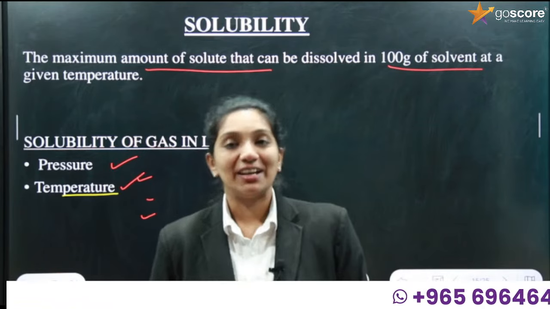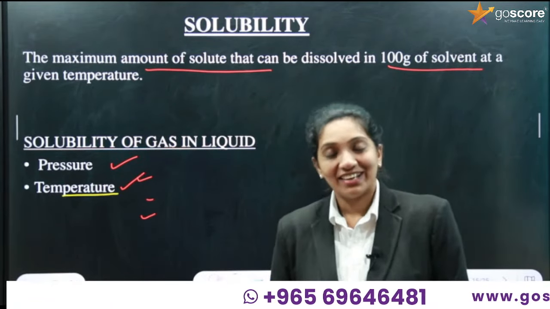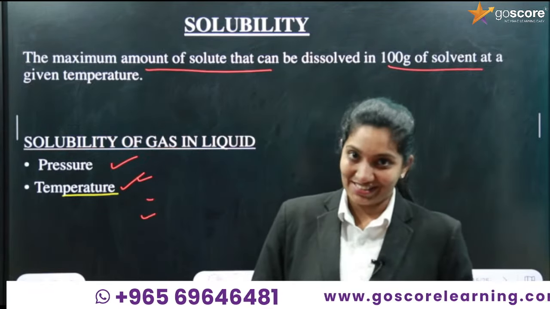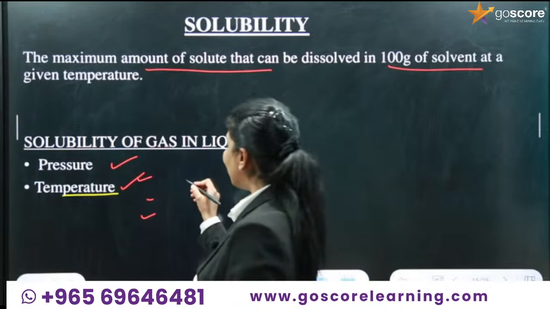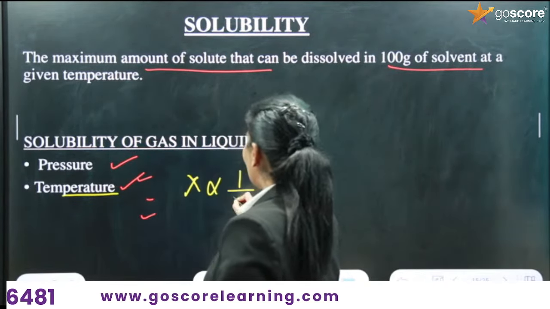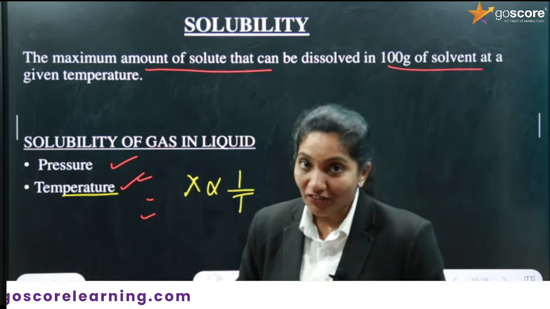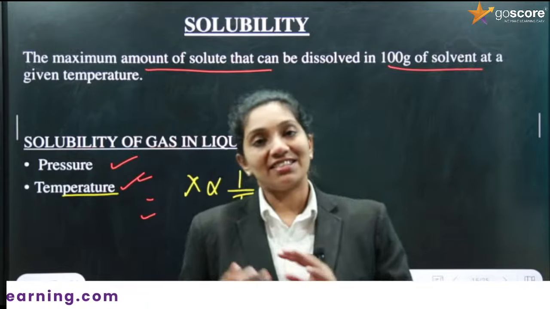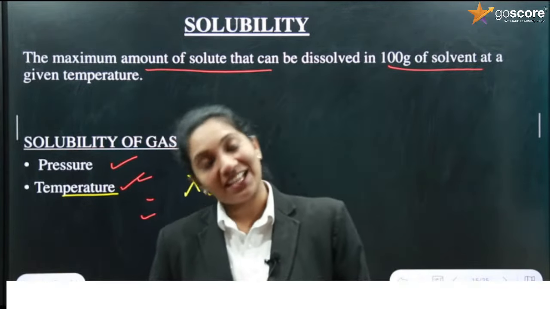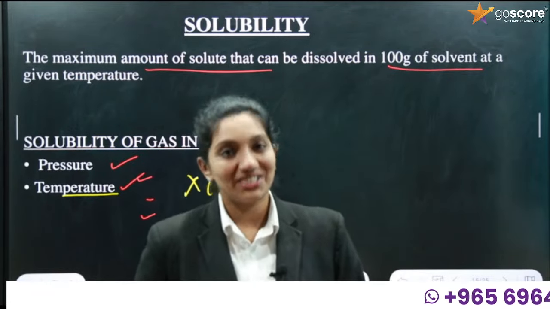So that means the solubility of a gas increases when the temperature decreases, isn't it? So the solubility is inversely proportional to temperature. As the temperature increases, the solubility of gas decreases, and as the temperature decreases, the solubility of gas increases. That's why we store carbonated drinks in the refrigerator.